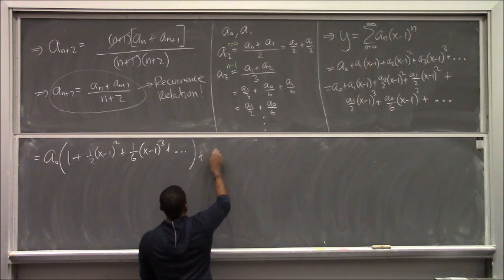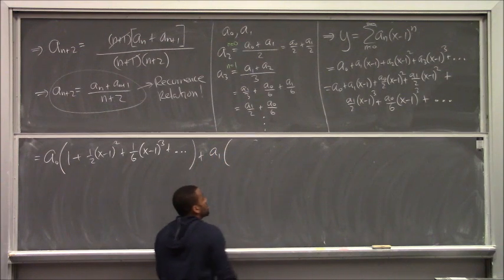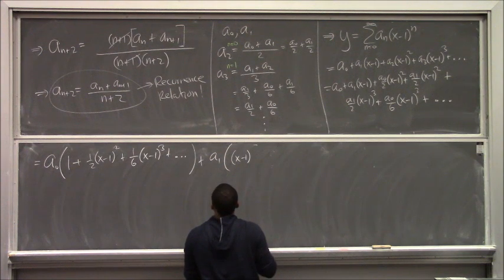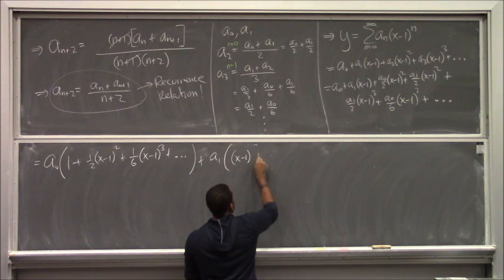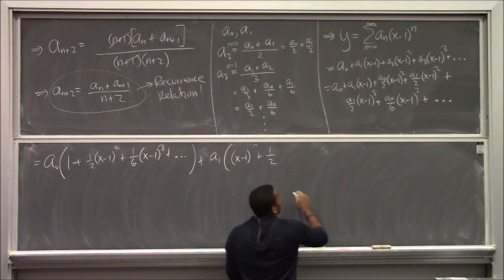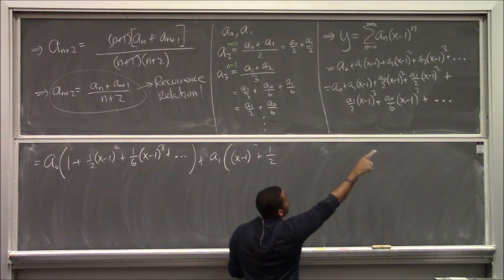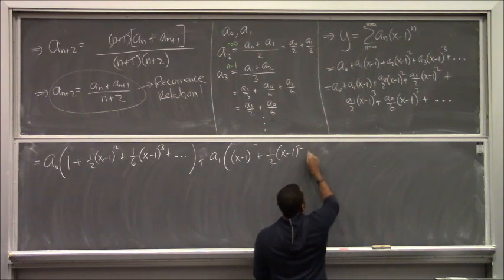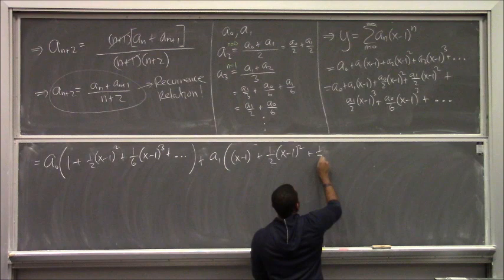And plus A1 times (x minus 1), plus a half (x minus 1) squared, and then a half (x minus 1) cubed.